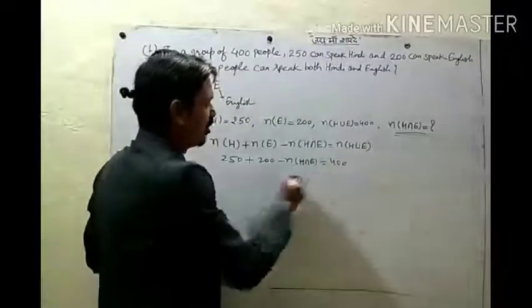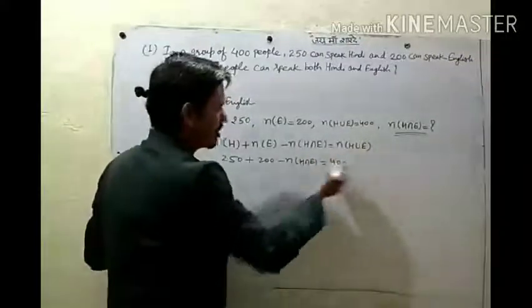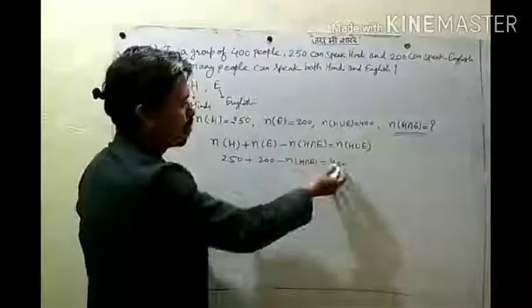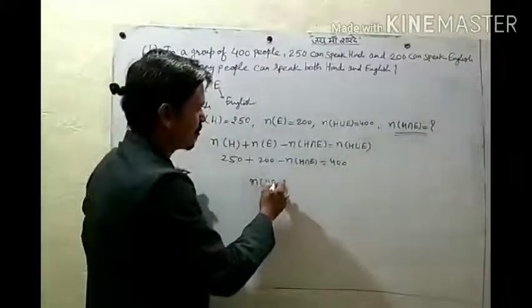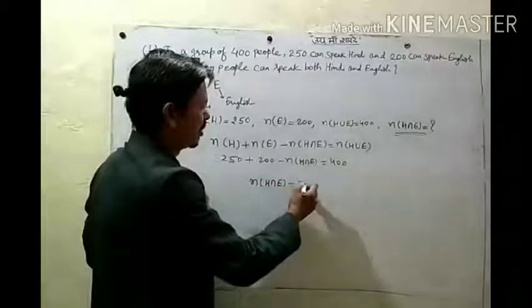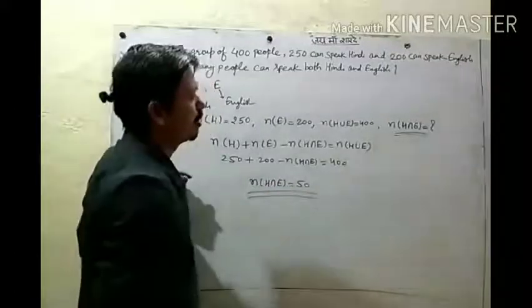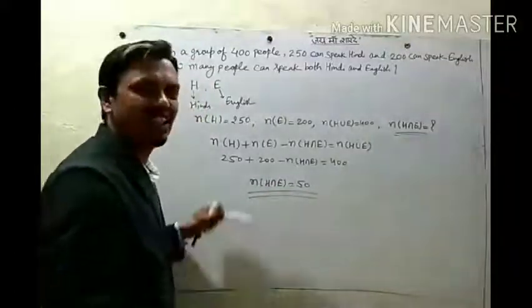So if we transfer this term, 450 minus 400 will be 50. So there are 50 persons who speak both the languages, Hindi and English.